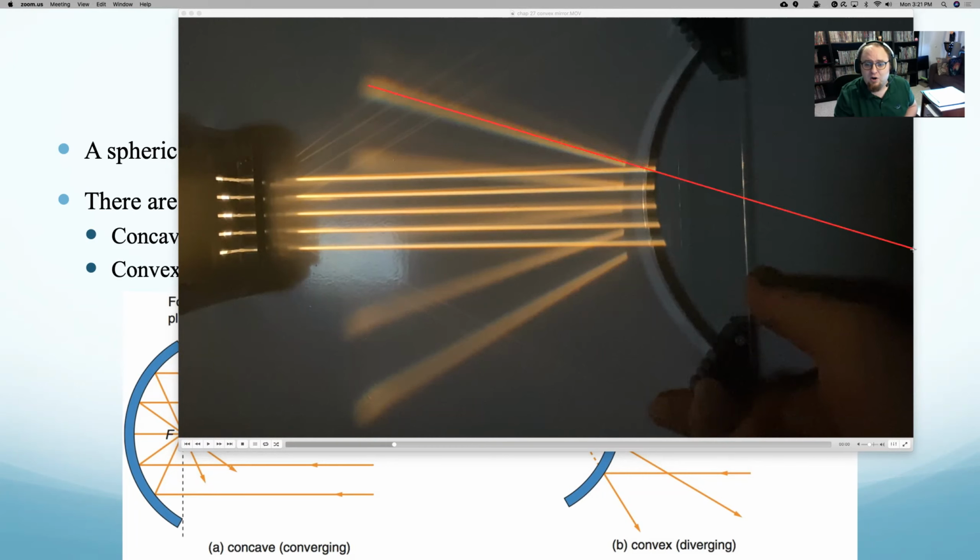If you were to take all these diverging light rays and ask where they would be coming from, if I follow them back, you'll find that they all diverge from some point. That point they all come from is also a focal point.